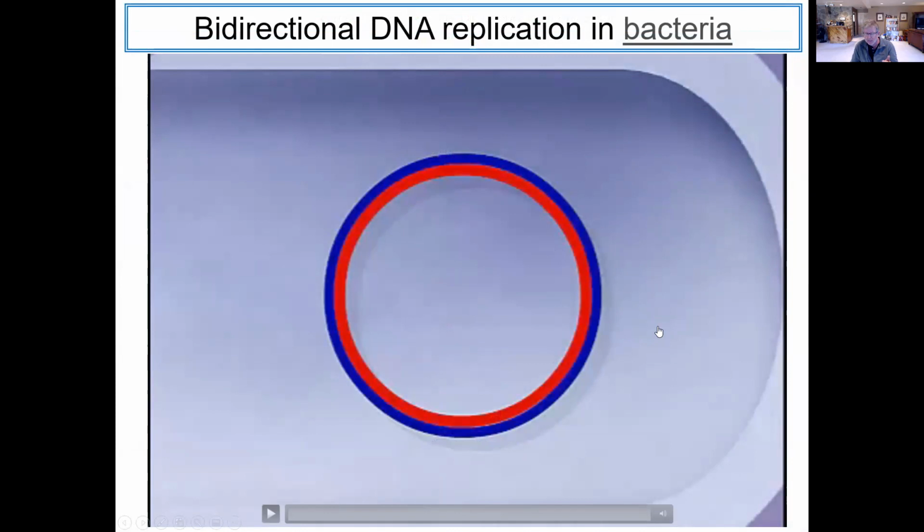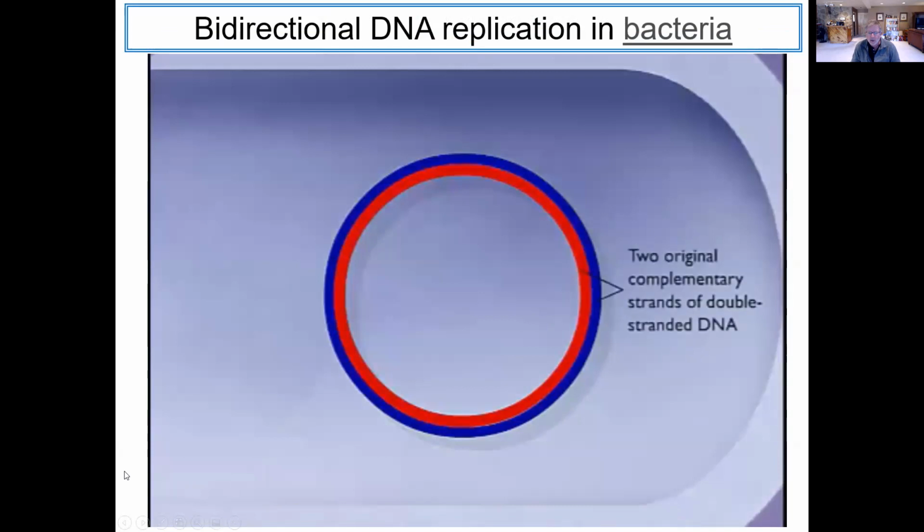Again, in bacteria, you don't have chromosomes, like we do in our cells. We have a single double-stranded circular loop. The genetic information in a bacterial cell is stored in the form of a double-stranded, covalently closed circle of DNA.